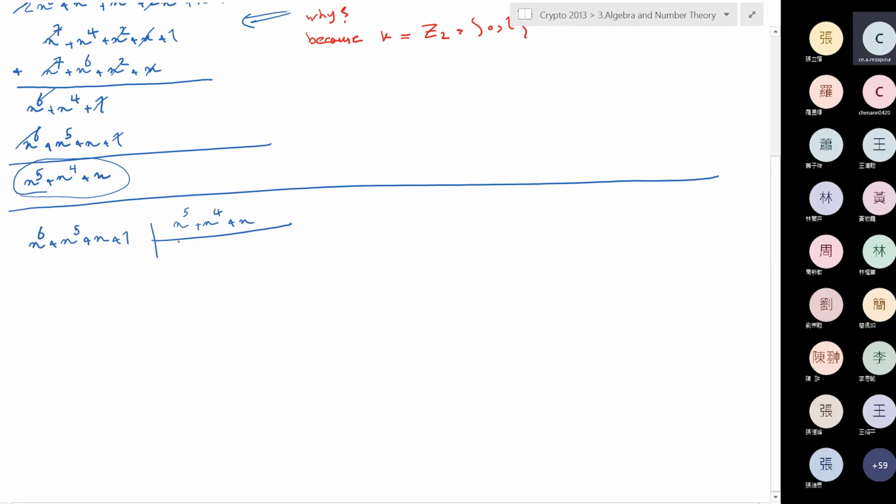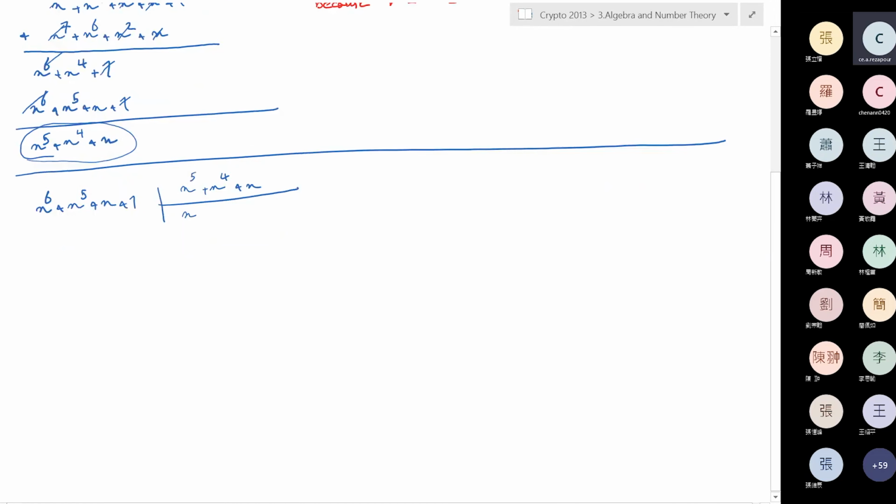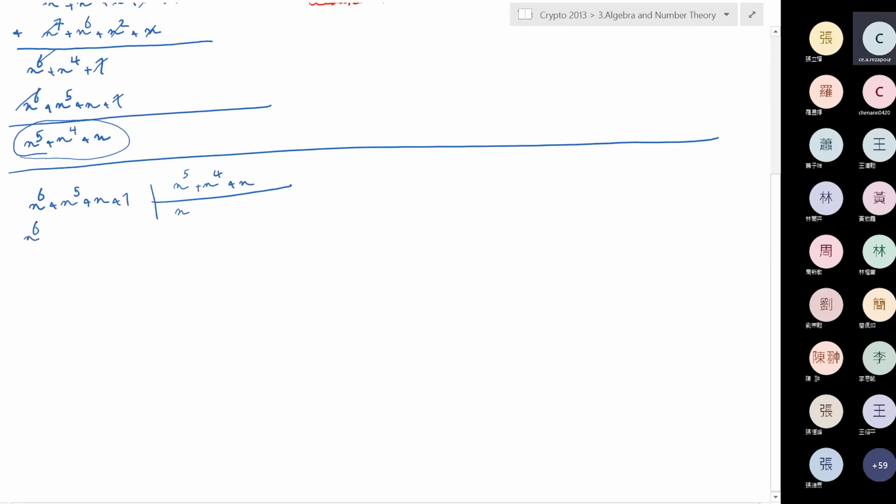If you do this math, we need to add the x to match them. So we get x6 plus x5 plus x2. These two get canceled, these two get canceled. I get x2 plus x plus 1, right? And done. I don't have to go further because the degree of 2 is less than 5, so I'm set.